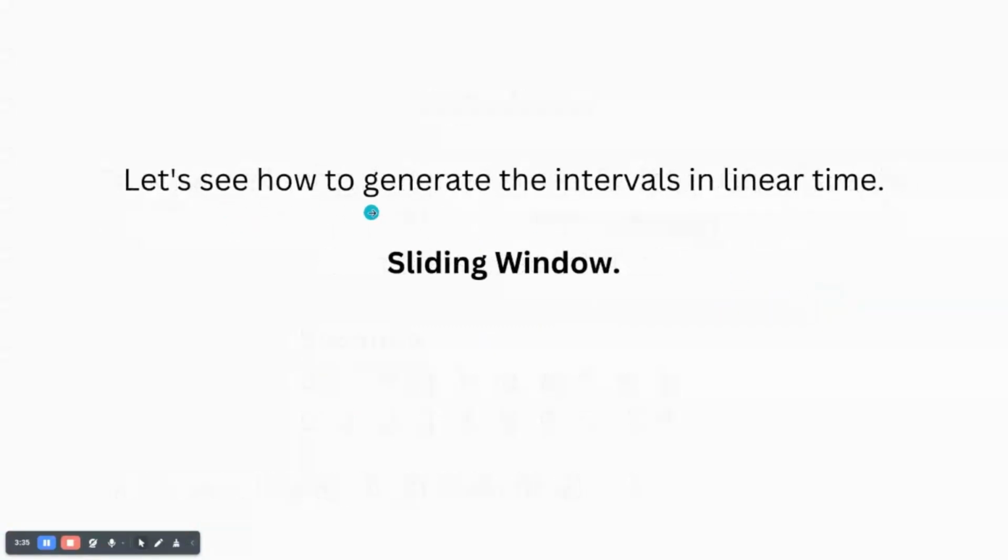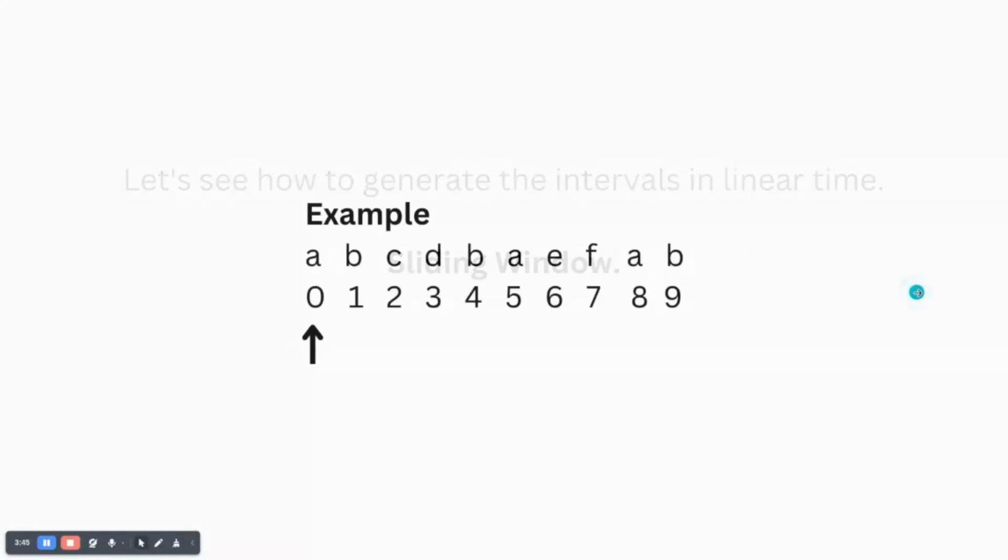But we can generate the intervals in linear time instead of generating all the substrings, and we can do that with the sliding window technique. What we are going to do is select the first occurrence of A and start from here, which is a special substring we can select.